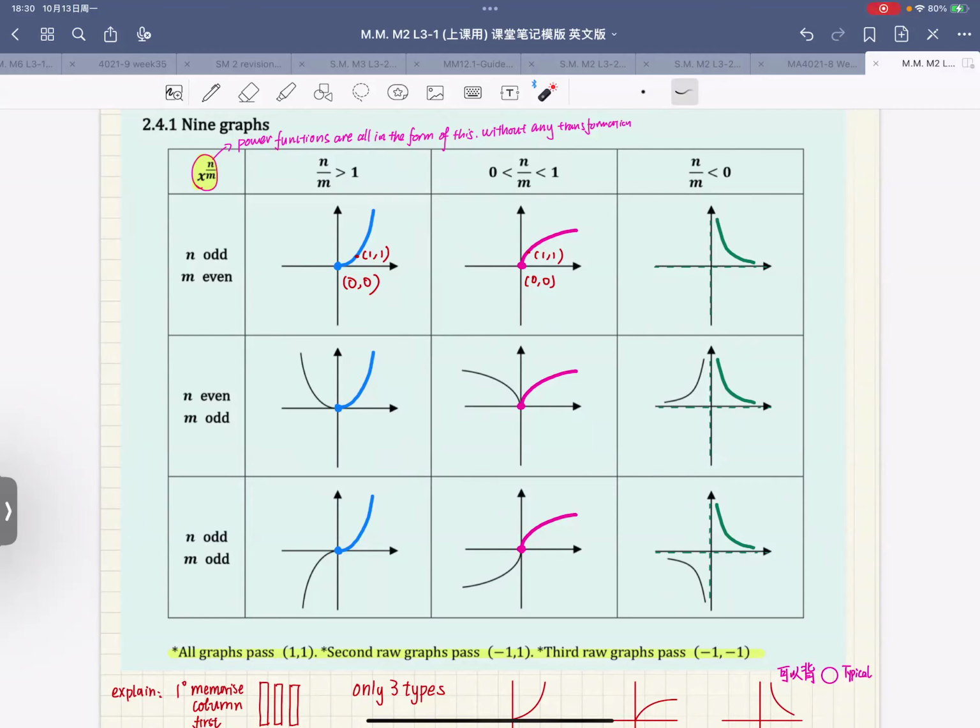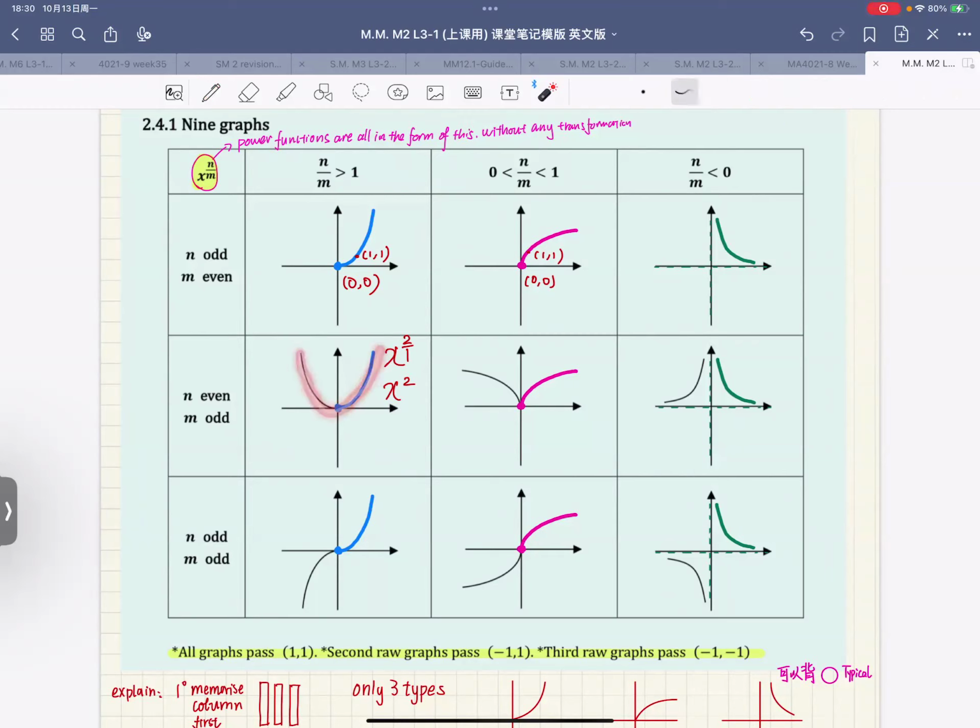For example, x to the power of 2 over 1 is basically x to the power of 2. It's a parabola, right? It looks like this.